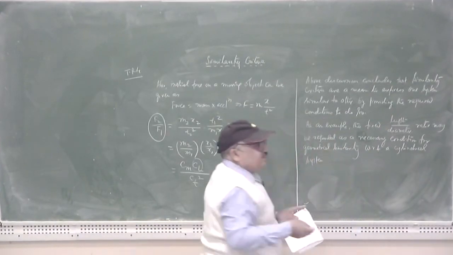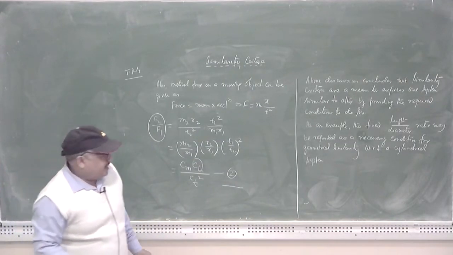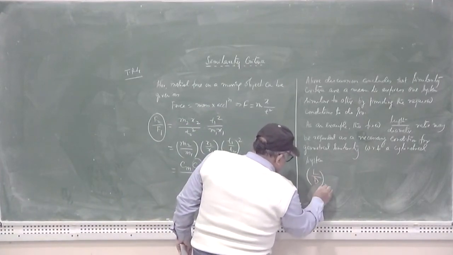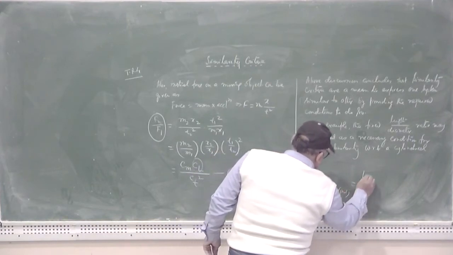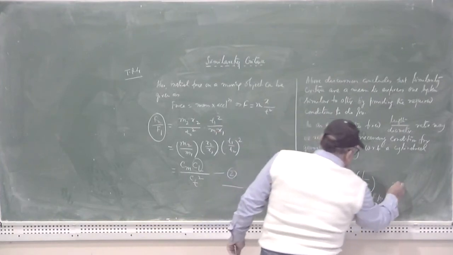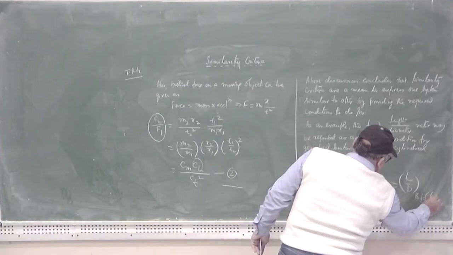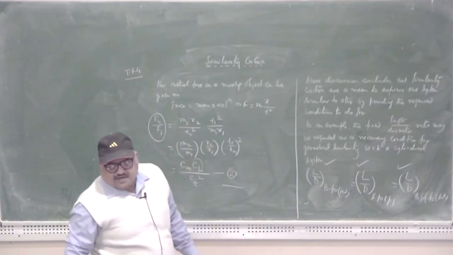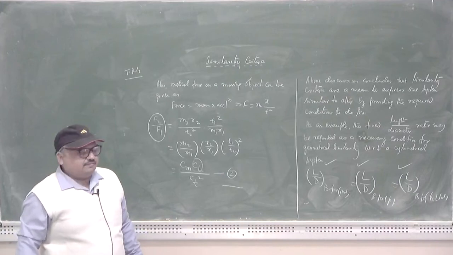That means if you are copying a blast furnace on a pilot plant scale, the L by D ratio for a blast furnace on the industrial scale should be equal to the L by D ratio for a blast furnace on the pilot plant scale, and that should be equal to L by D for a blast furnace model on a live scale. So, you have to utilize this condition as a necessary and sufficient condition for copying the same object on 3 different scales.